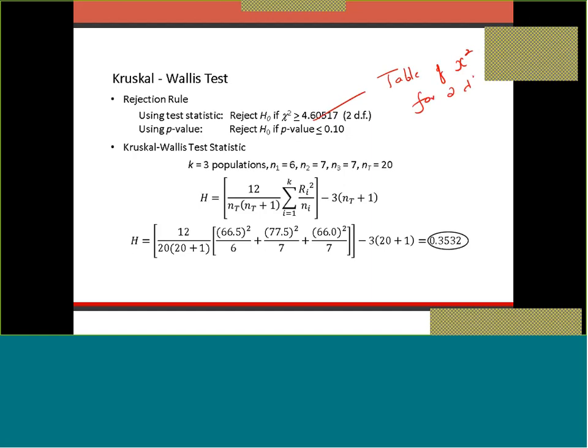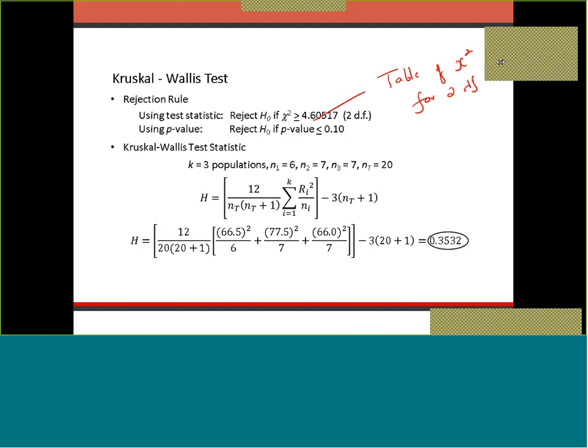So if it is about the table value, generally we reject H naught. Or if you want to use the p-value method, reject H naught if p-value is less than or equal to alpha.